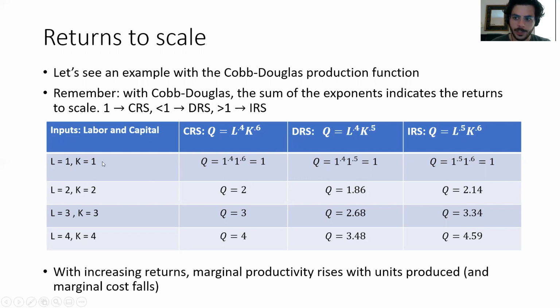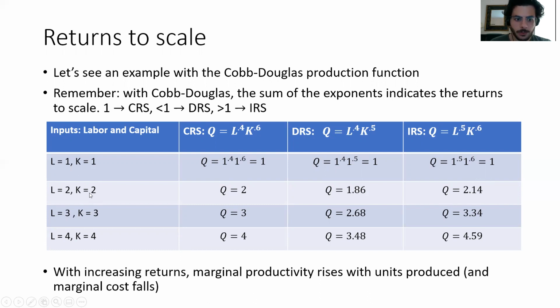If we go from 1 unit of labor and capital to 2 units. With constant returns to scale, we double our inputs, we will exactly double our outputs. We go from 1 to 2. With decreasing returns to scale, we will less than double our outputs. So we'll go from 1 to 1.86. And with increasing returns to scale, the gain is going to be more than twice our output. We're going to go from 1 to 2.14.